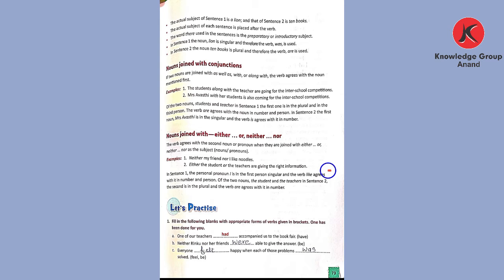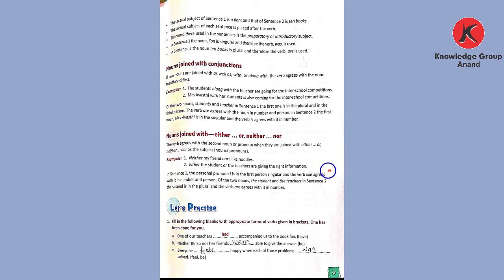Okay. Either the students or the teacher, two nouns are joined here. Either the students or the teachers are giving the right information. So, either and neither, both are used to join the nouns and pronouns. In sentence 1, the personal pronoun I is in the first person singular and the verb like agrees with its number and person.